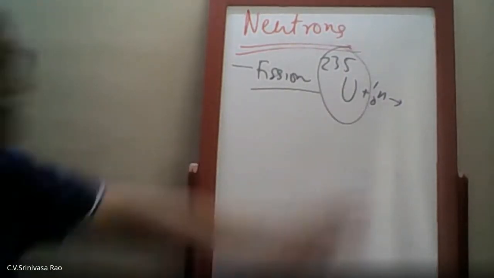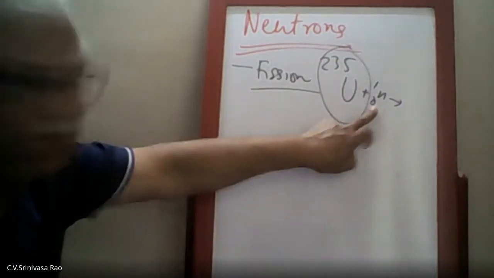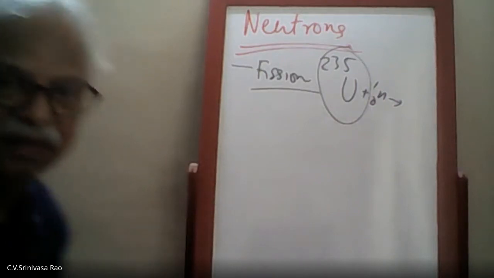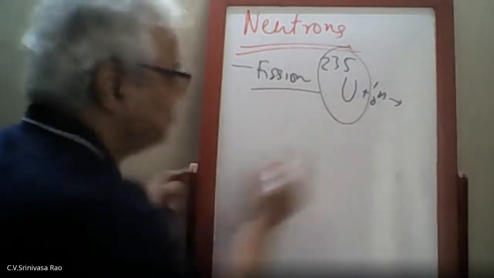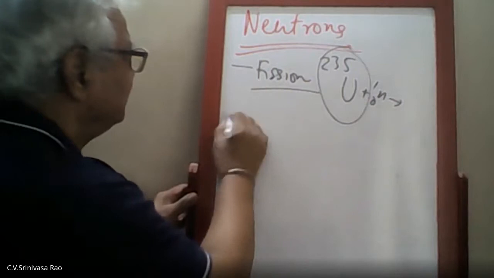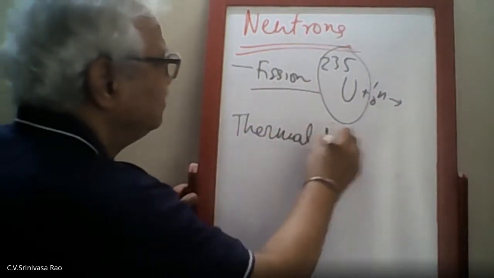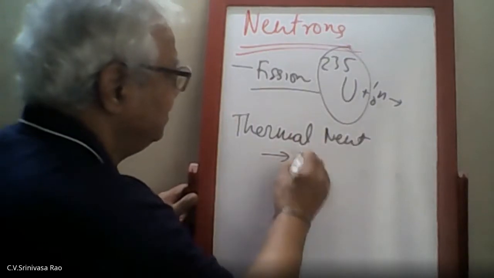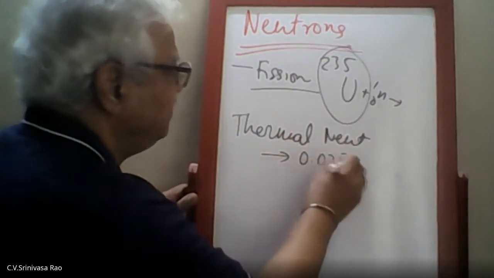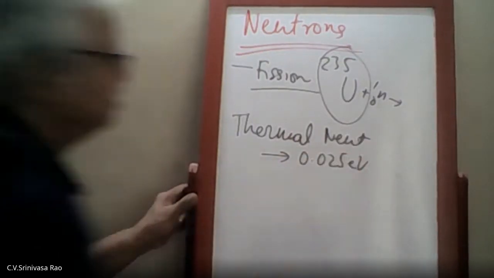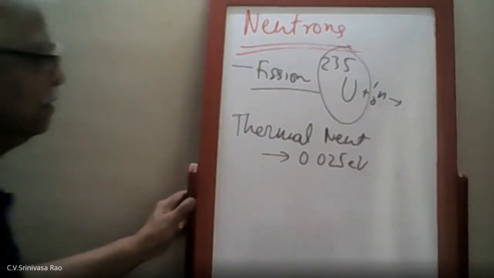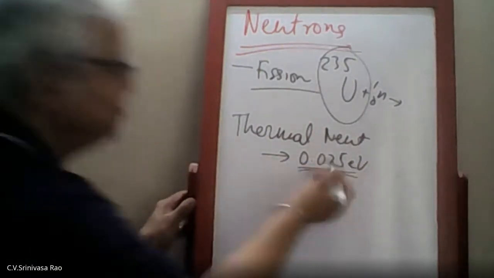So you can see that a neutron which has zero energy. What are these neutrons? They are slow neutrons or thermal neutrons. Thermal neutrons, their energy is how much? 0.025 eV. So this is almost zero.